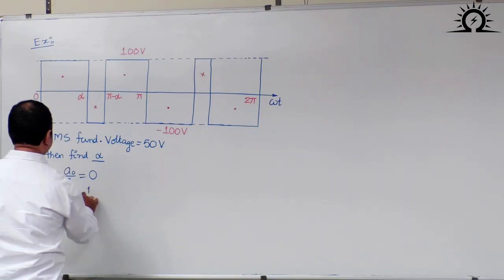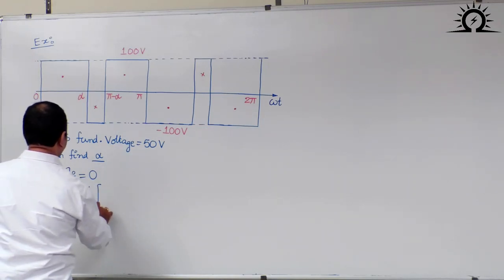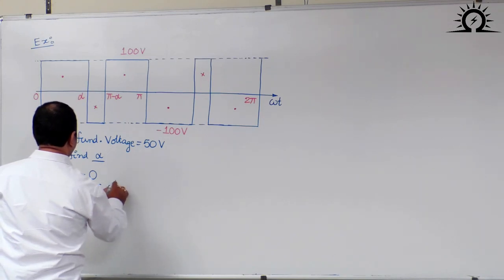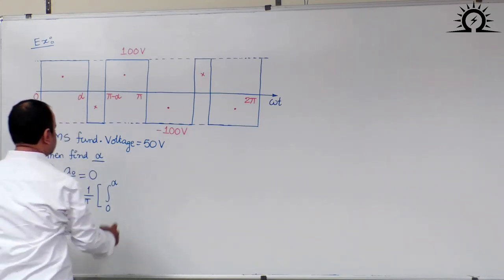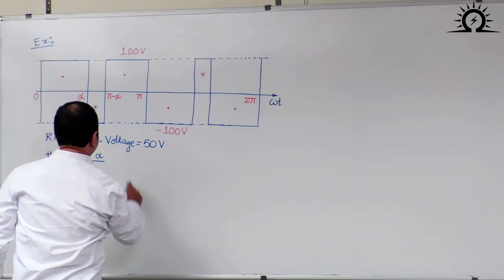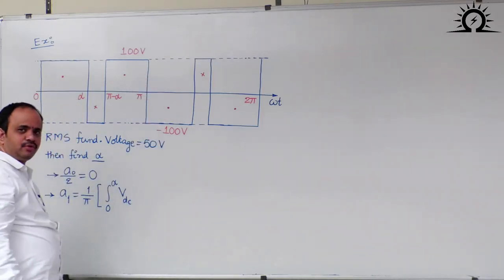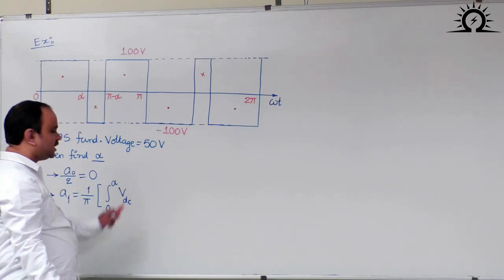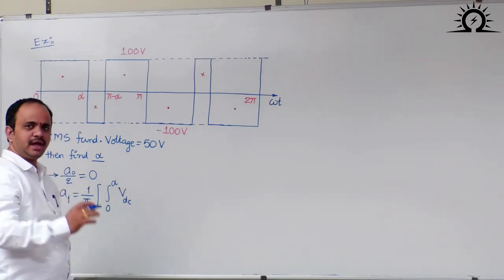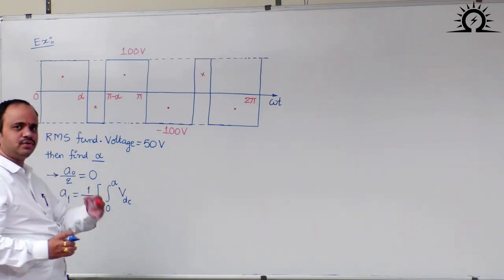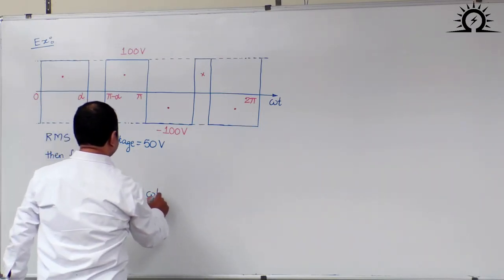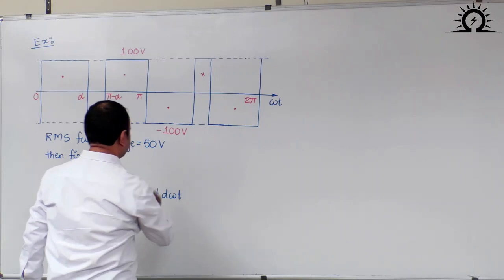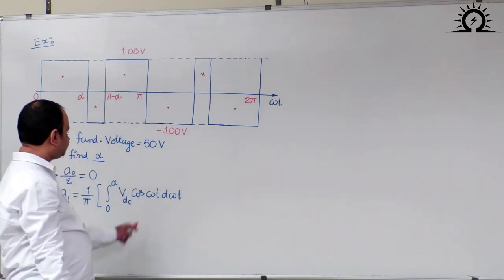A1 is equal to 1 by pi integration from 0 to alpha. Here the magnitude is given as 100 volt, but let me use a symbol VDC. At the end I will substitute VDC equal to 100. So I can write cos omega t d omega t.